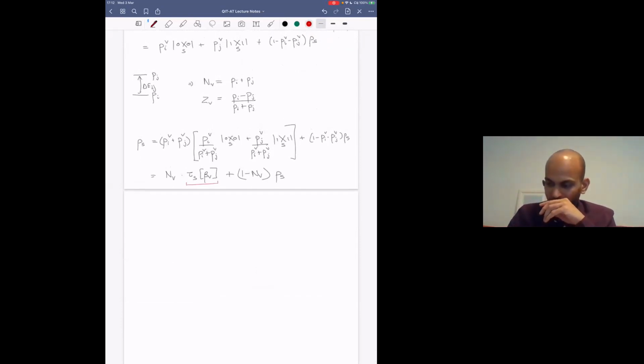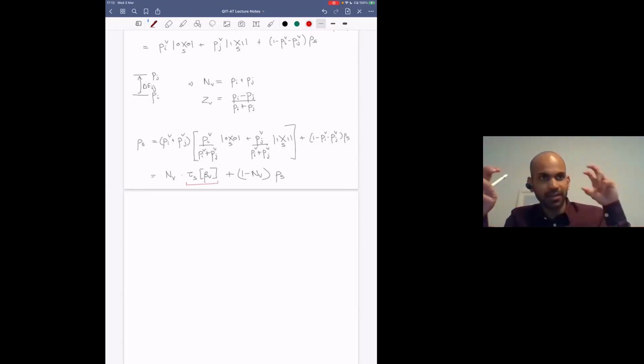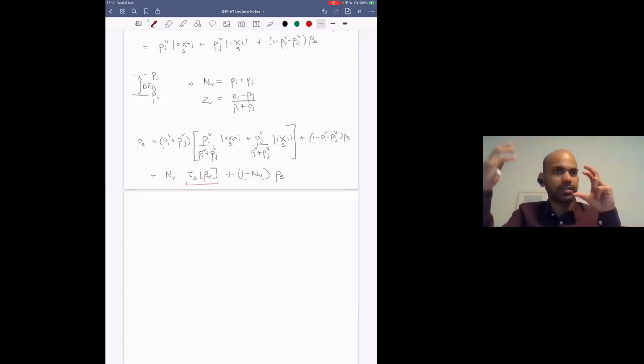What you see in the brackets is effectively what the thermal state of that virtual qubit would be if it was actually a real qubit. When we have a virtual qubit that sits in a larger dimensional subspace, the only difference between that and the real qubit is that its norm, the total population there, is not 1. But we can always take away that subspace and renormalize the probabilities to add up to 1, and then we end up with essentially the state of a real qubit.